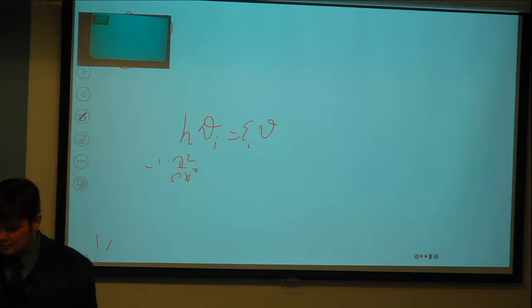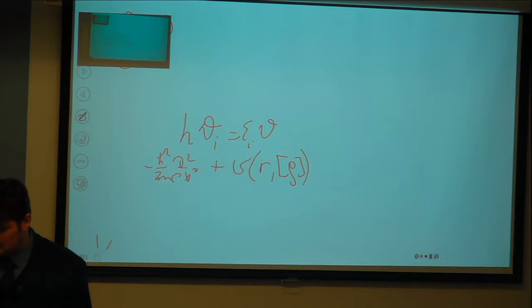Later on, we need to solve this little h times theta, which is minus h-bar squared over 2m times d-r squared plus V, and here the potential does depend on position in space, but it is also a function of density. And the whole thing, well, I use a different title for it, acts on the unknown function theta and generates epsilon i theta.